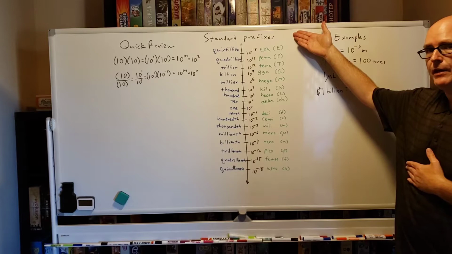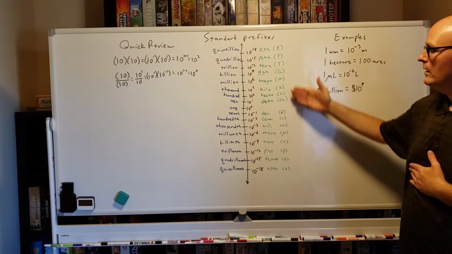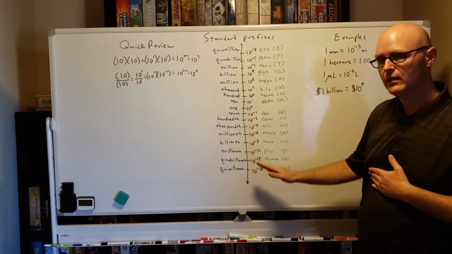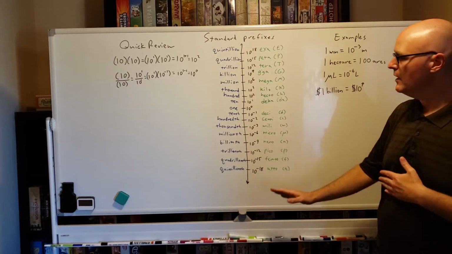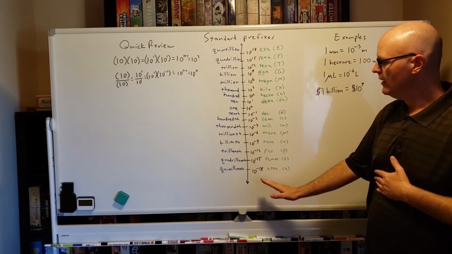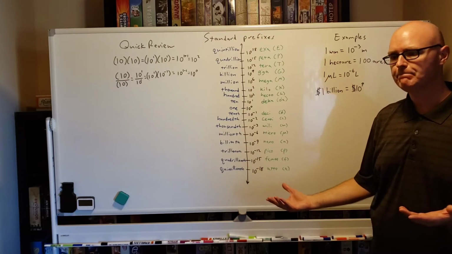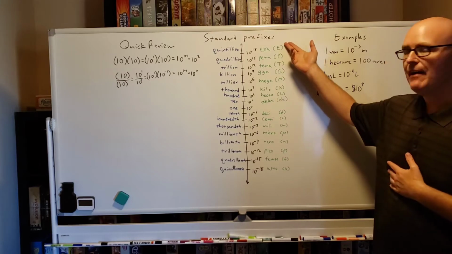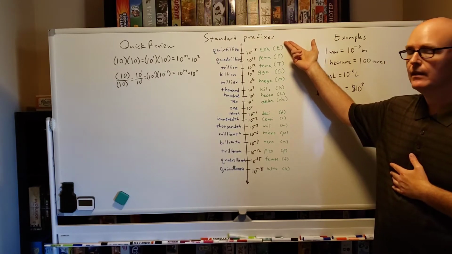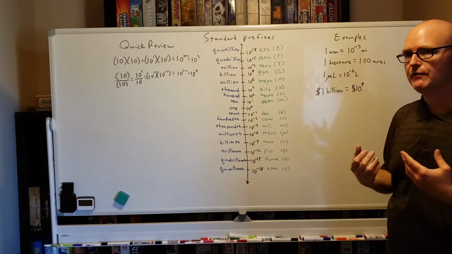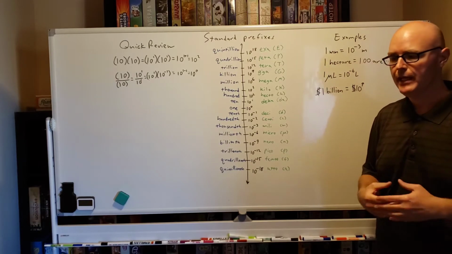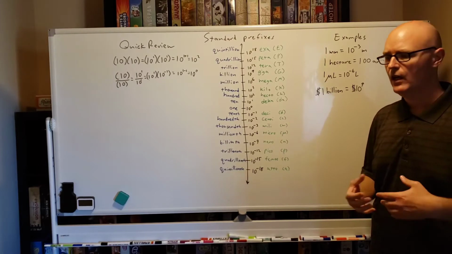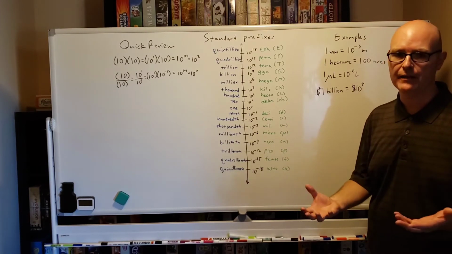Let's talk about some standard prefixes. I've written on the board a roughly log scale. It is easier for us to understand numbers if we group them in what are called orders of magnitude. An order of magnitude is a factor of 10.